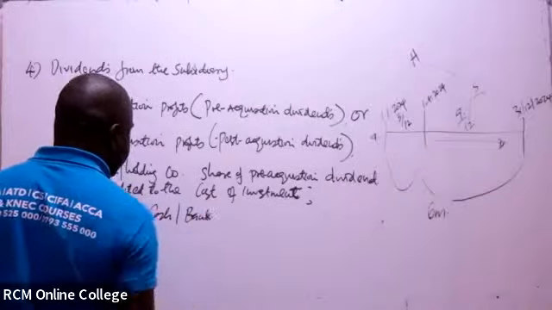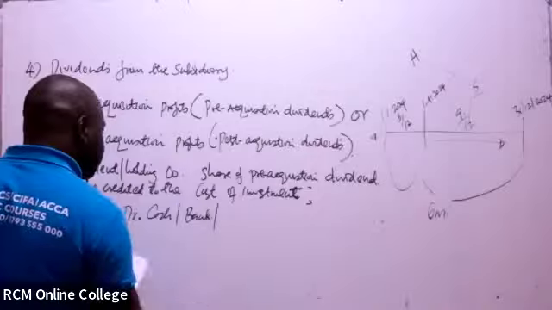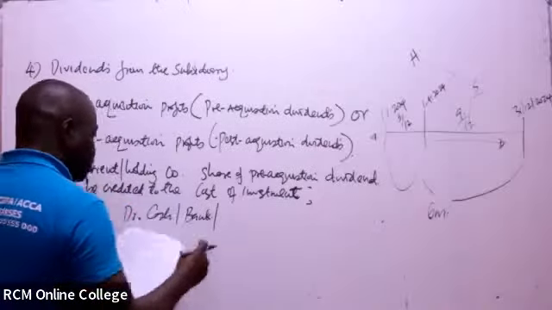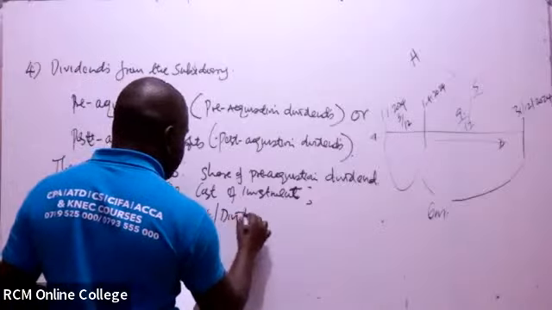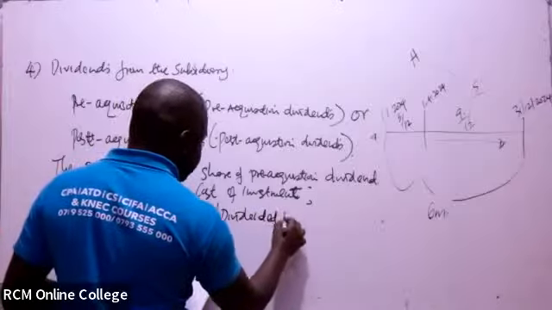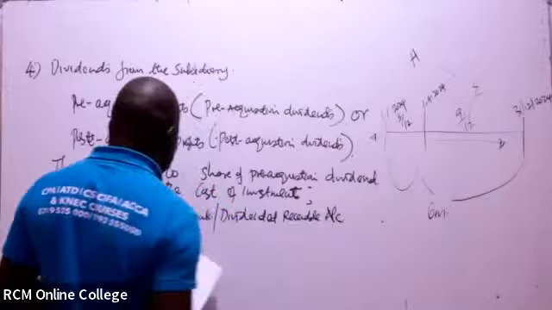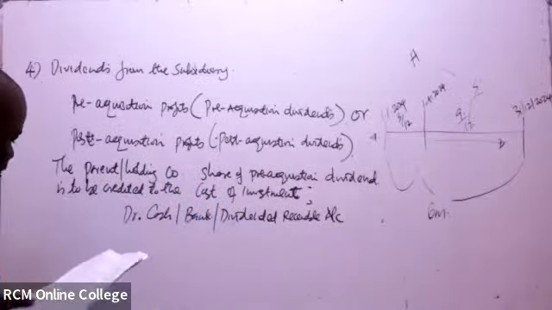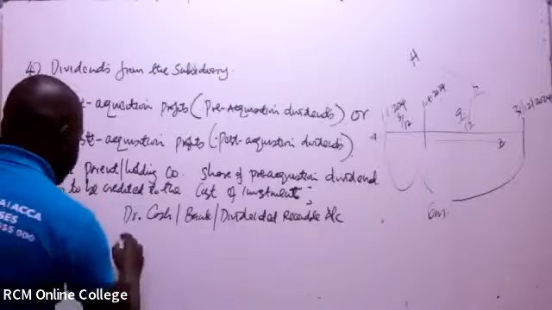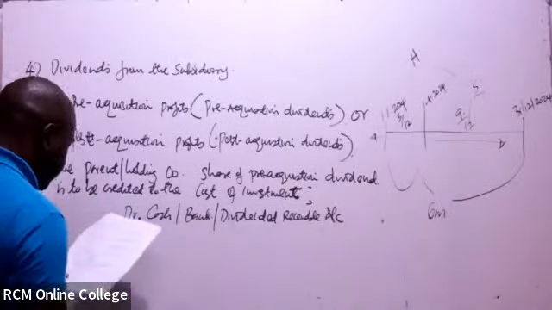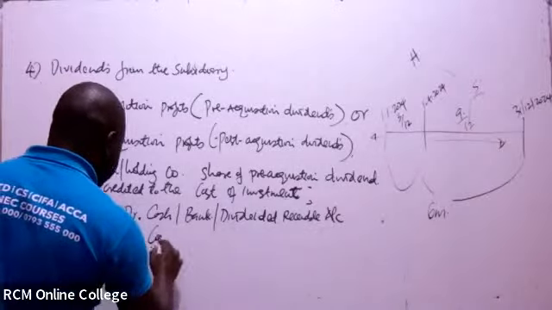That is, in this case, it has already been paid. If it is yet to be paid, in this case, they'll actually end up having to debit what we call the dividend receivable account. Then in this case, they credit what we call the cost of investment.